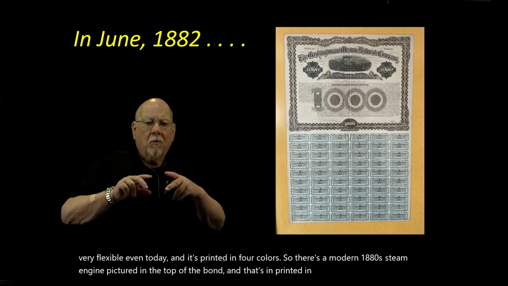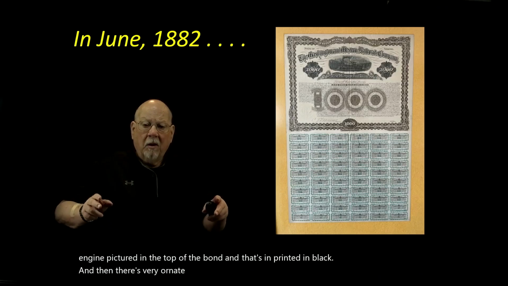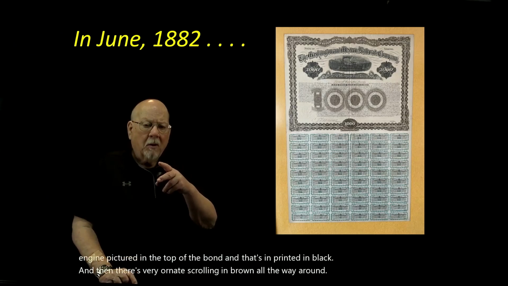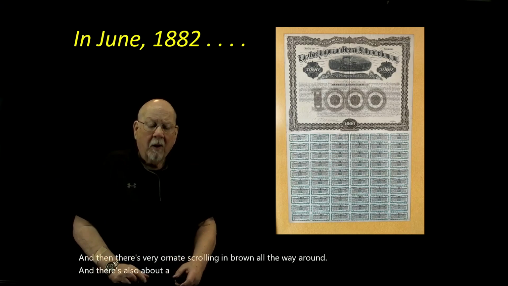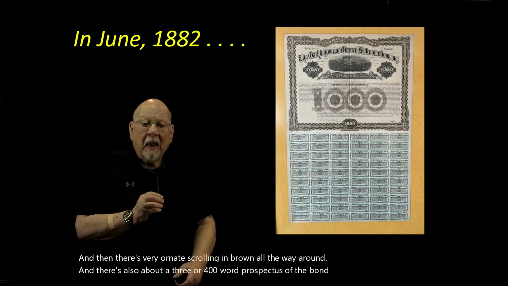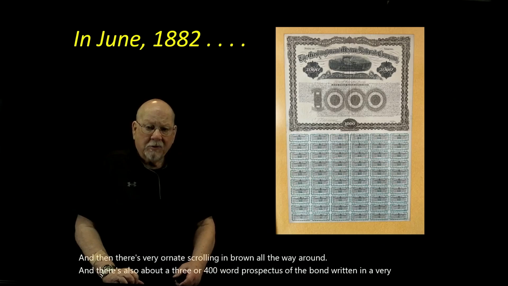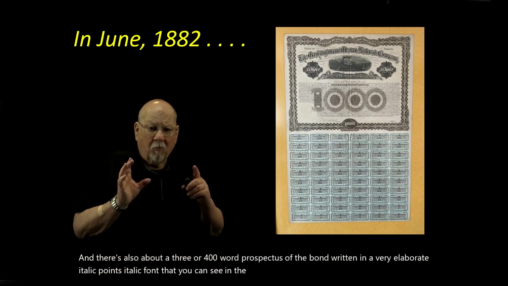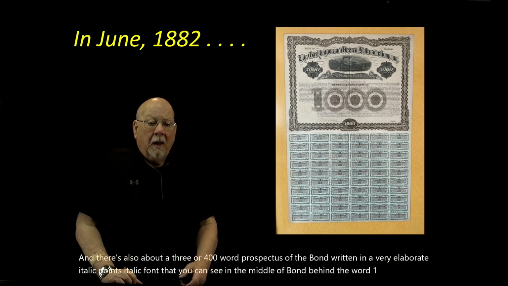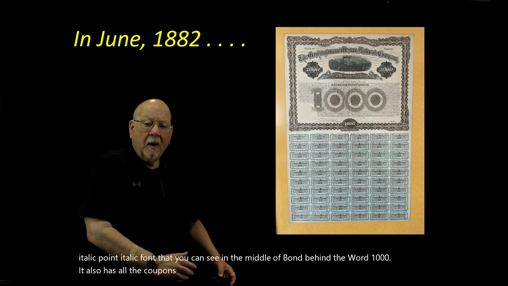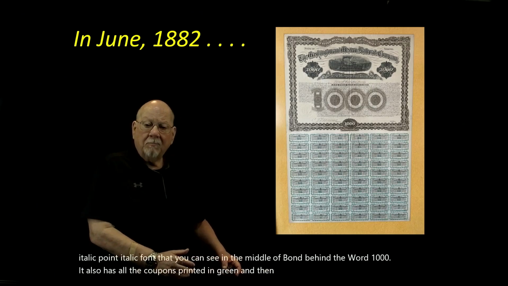And then there's very ornate scrolling in brown all the way around, and there's also about a 300 or 400 word prospectus of the bond written in very elaborate italic font that you can see in the middle of the bond behind the word 1000. It also has all the coupons printed in green, and then everything is overstamped in red.